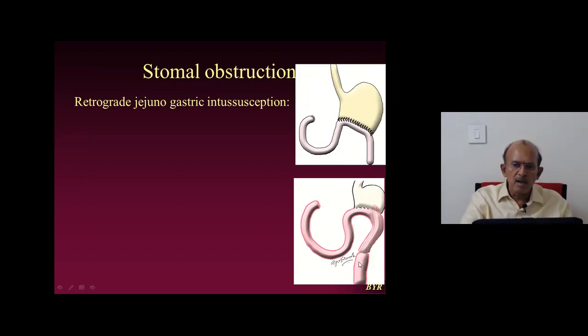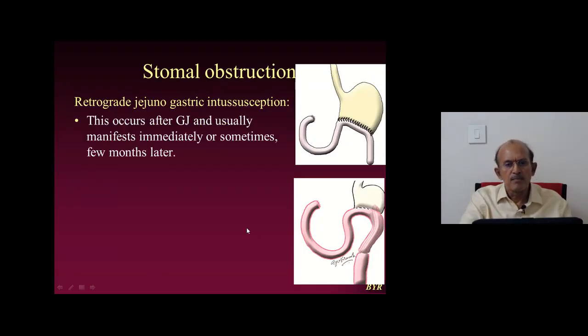That means intussusception of the distal segment into the proximal segment. So this gets invaginated here and goes into the stomach. And there will be constriction at this place, causing obstruction. This occurs after gastrojejunostomy and usually manifests immediately or sometimes a few months later.